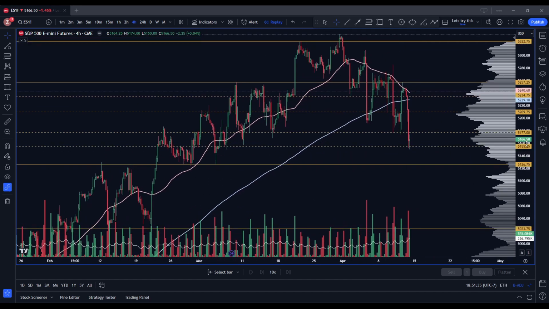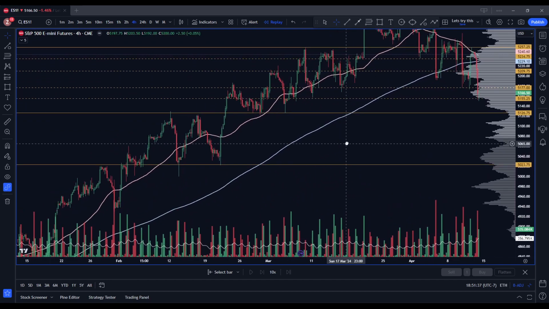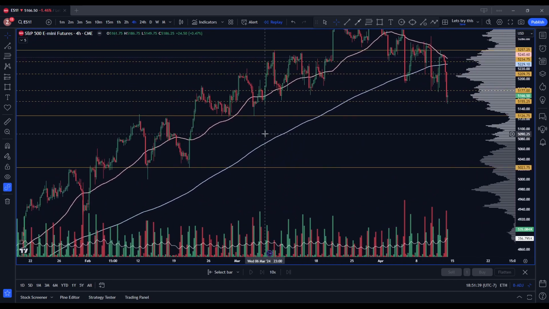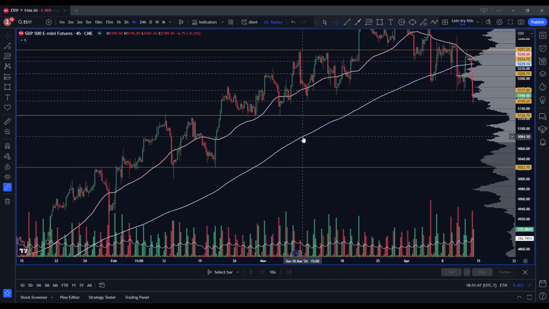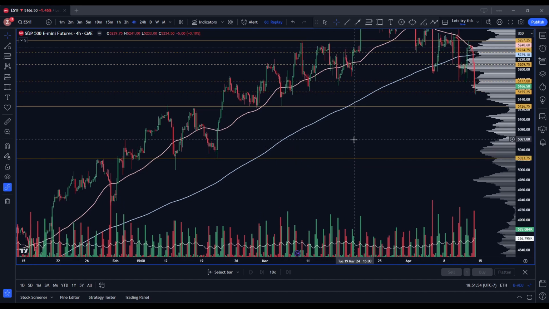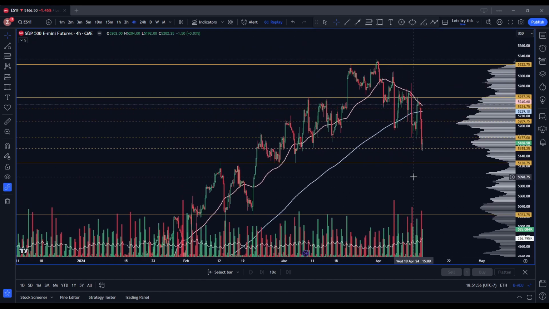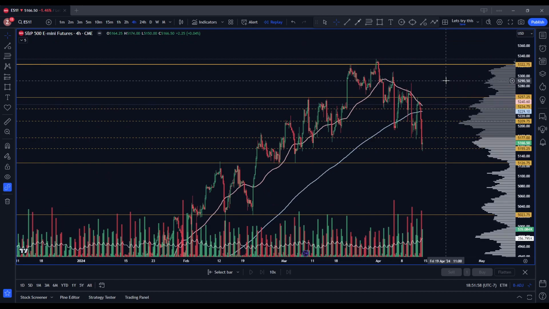Good. Yeah, why not? For this area, I might leave it up for the smaller time frame for more precision. So I think we're done on the 4-hour chart.